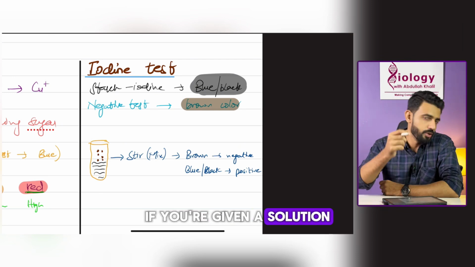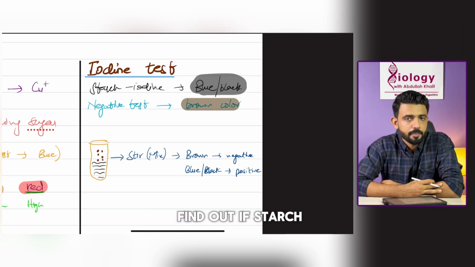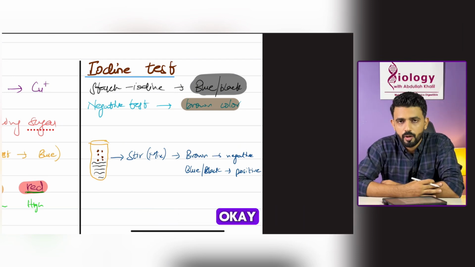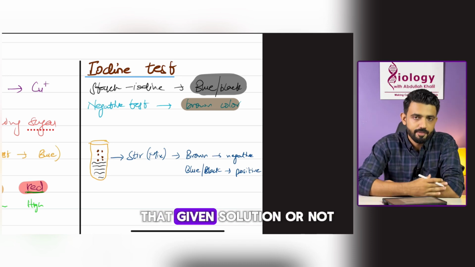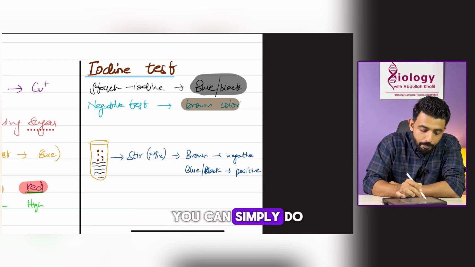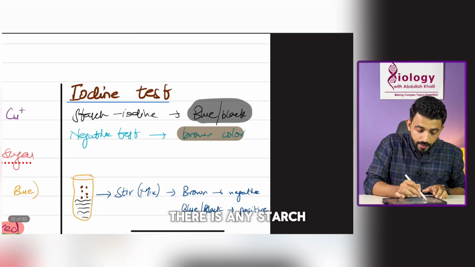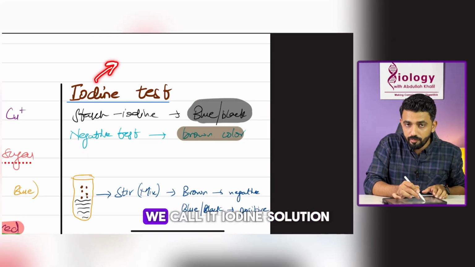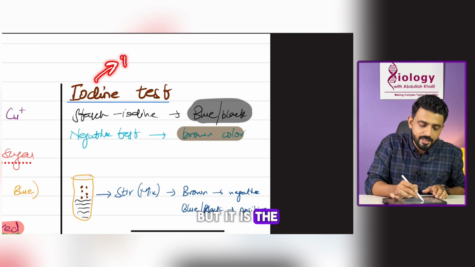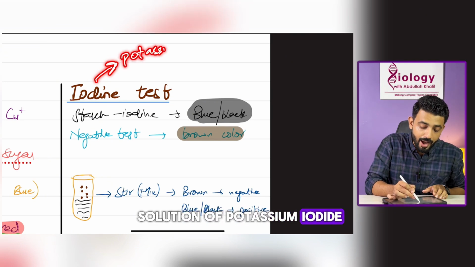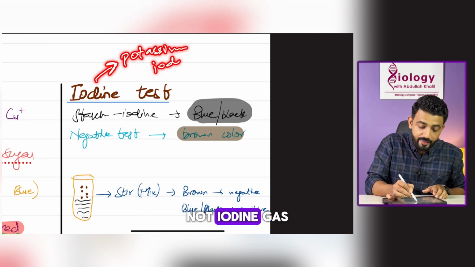If you're given a solution, you have to find out if starch is present or not. Okay, you don't know if starch is present in that given solution or not. You can simply do the iodine test to find out if there is any starch. Now, obviously, we call it iodine solution, but it is the solution of potassium iodide, not iodine gas.